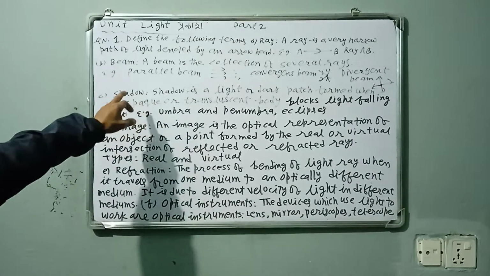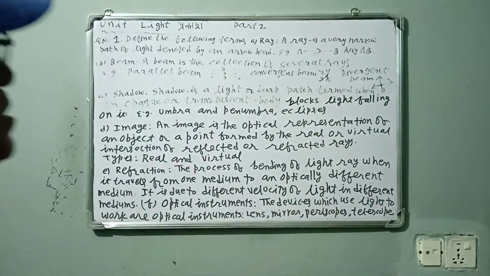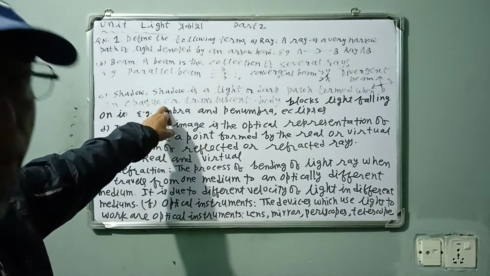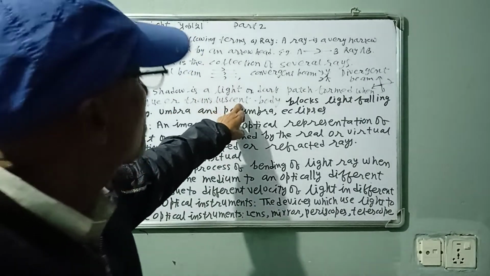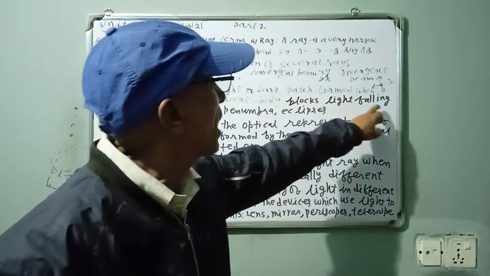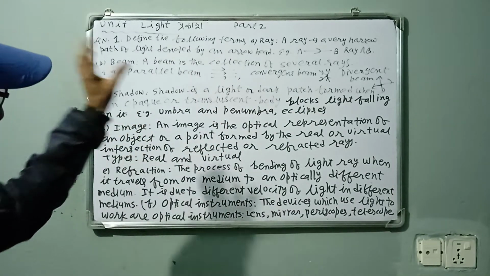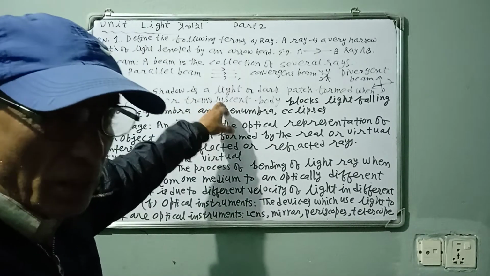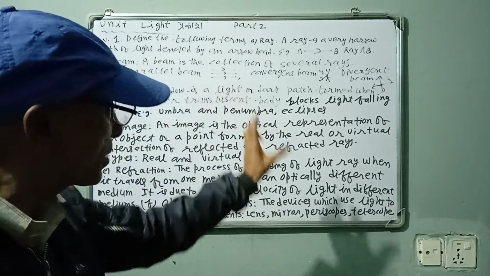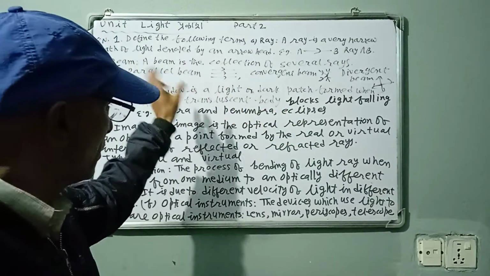Shadow, छाया. A shadow is a light or dark patch formed when an opaque object or a translucent object blocks light falling on it. That means when light falls on a translucent body or an opaque body, it blocks light and a dark patch is formed.